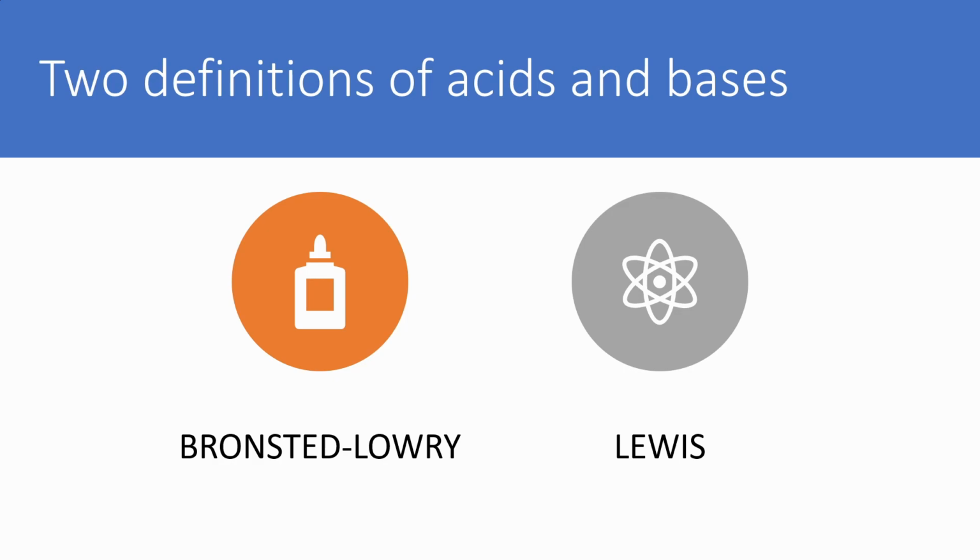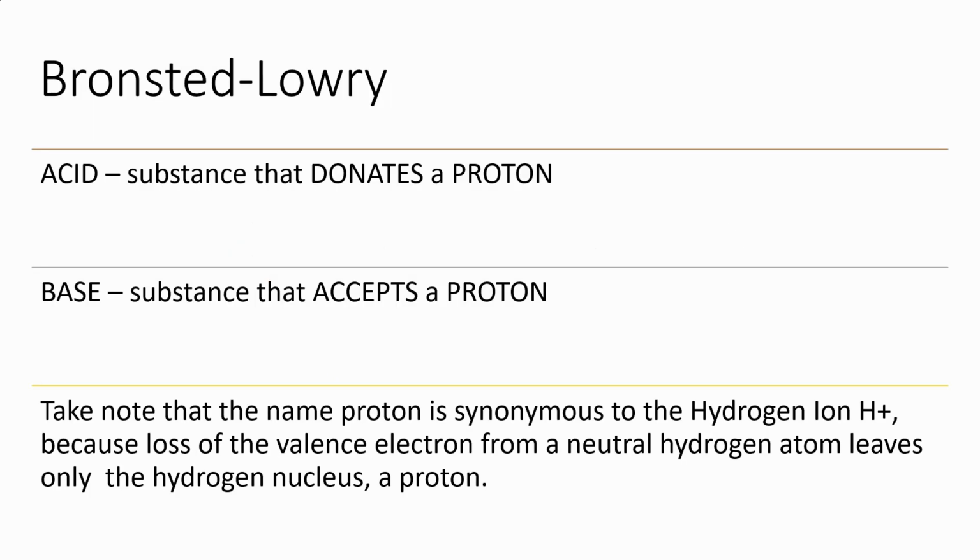In Bronsted-Lowry theory, it states that an acid is a substance that donates a proton, while a base is a substance that accepts a proton. Please take note that the proton is synonymous with the hydrogen ion, H+, because the loss of the valence electron from a neutral hydrogen element leaves only the hydrogen nucleus, which remains a proton.